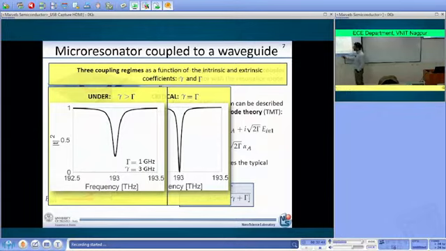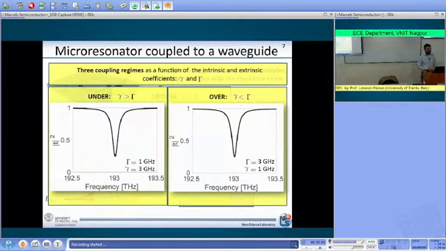Since you are coupling a lower quantity of power, at the resonance the transmission is not equal to 0, because you still have some power that is going through the bus waveguide without being coupled and lost by the microring resonator.